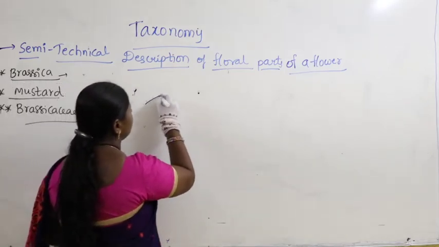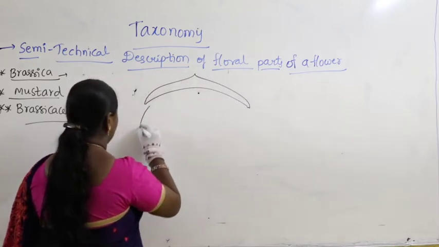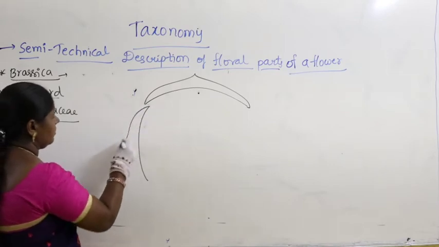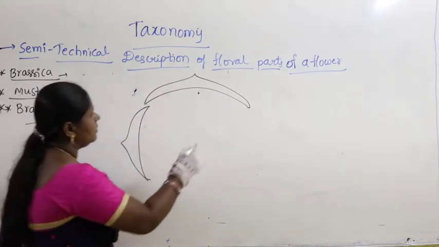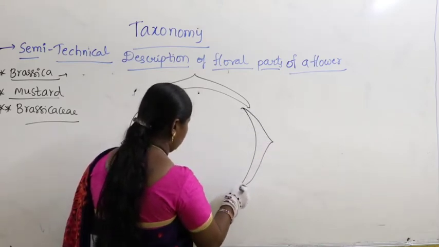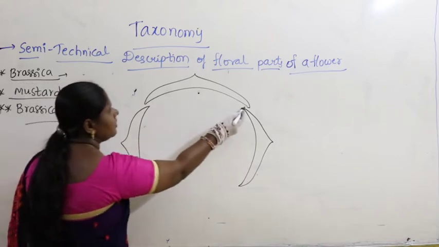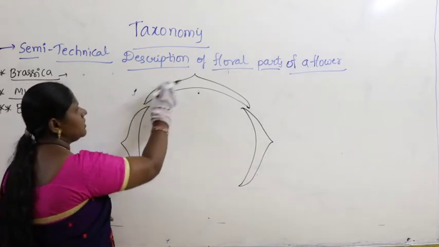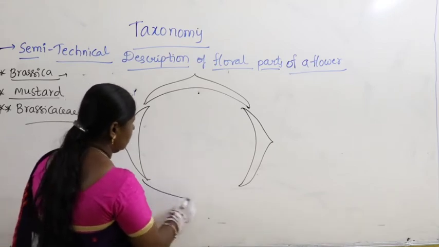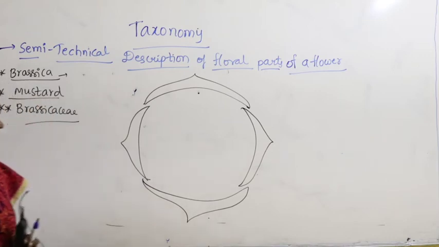So if you look, it will be like this. See the way I am drawing the diagram. These two I am drawing on the inner side. You can see this is completely the outer side, and two are on the inner side, and again one more I am drawing completely on the outer side.